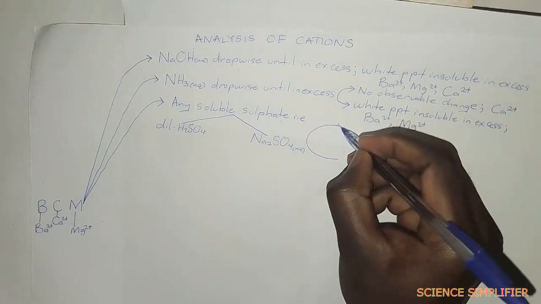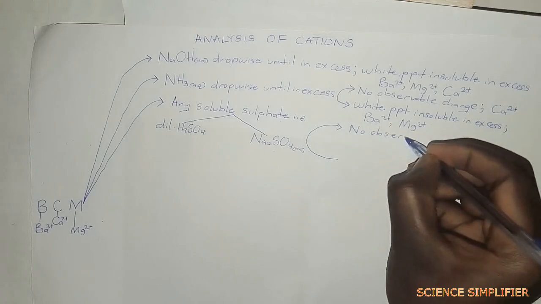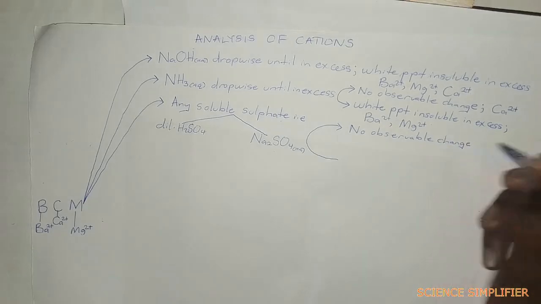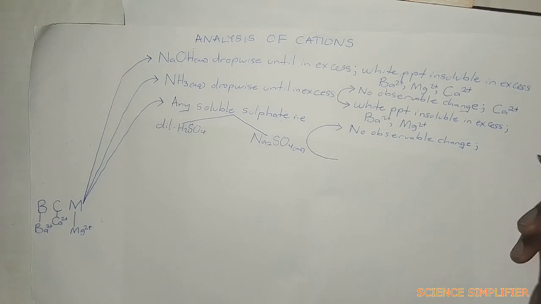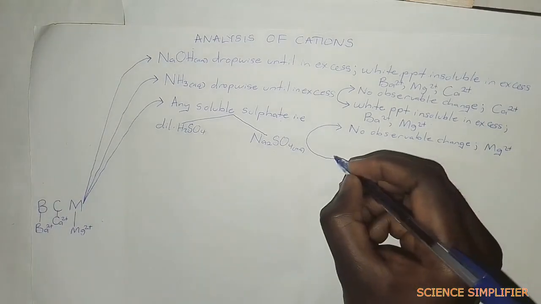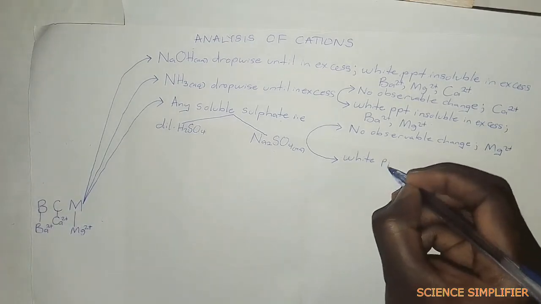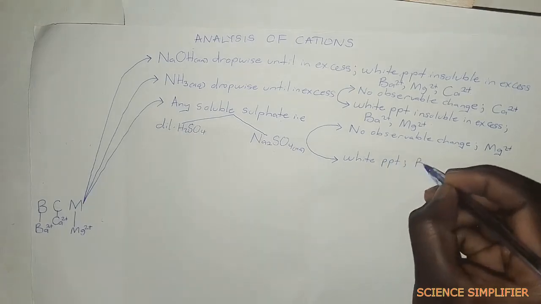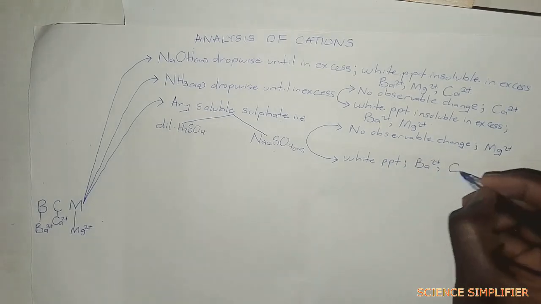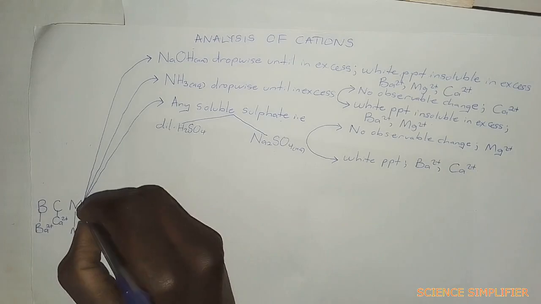The first one, you can obtain no observable change. The moment you obtain no observable change, just know you are dealing with magnesium ions. The moment you obtain white precipitate, just know you are dealing with barium ions and also calcium ions.